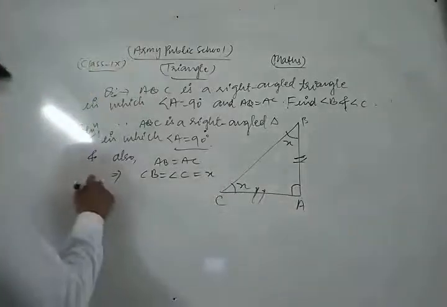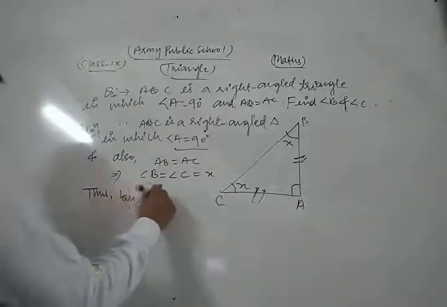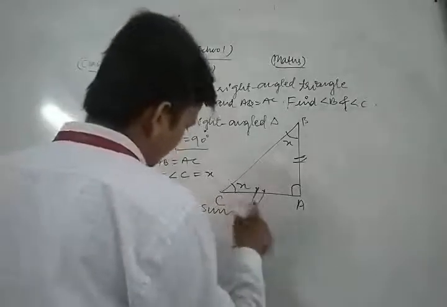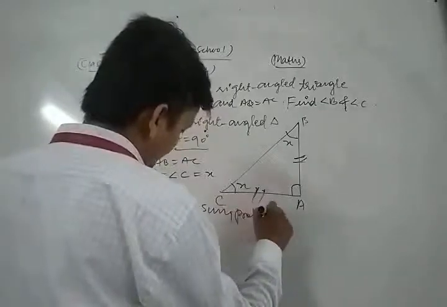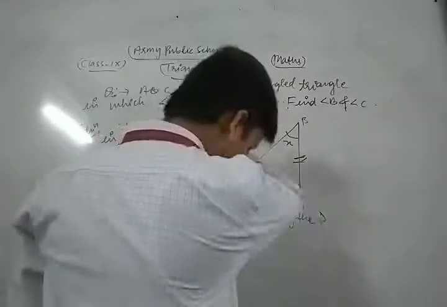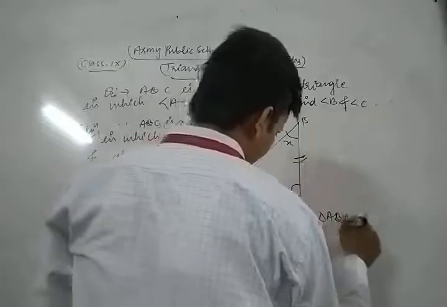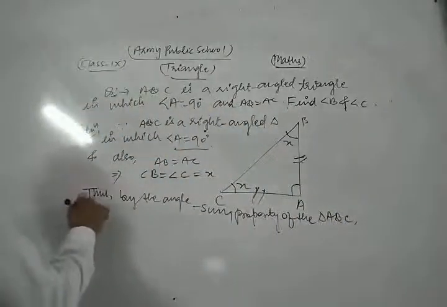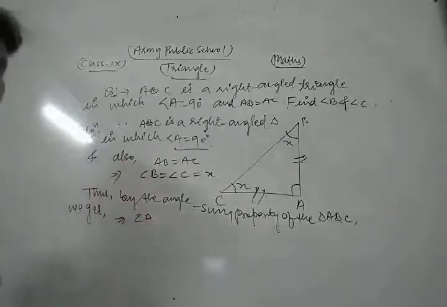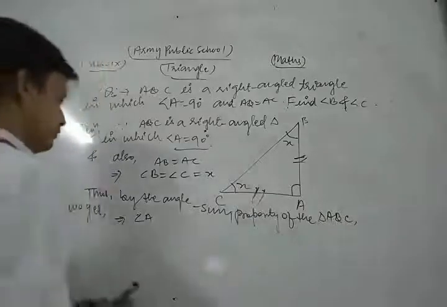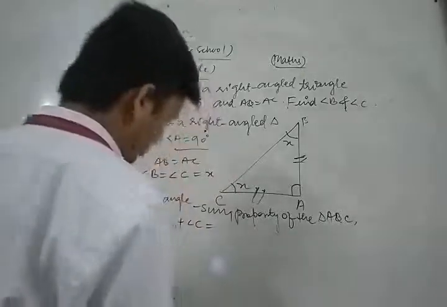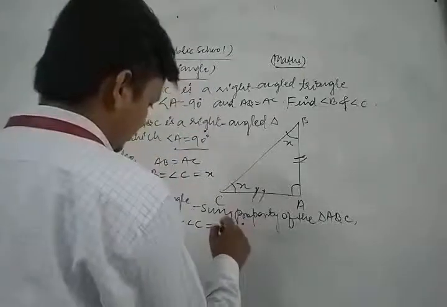Thus by the angle sum property of triangle ABC, we get angle A plus angle B plus angle C is equal to 180.